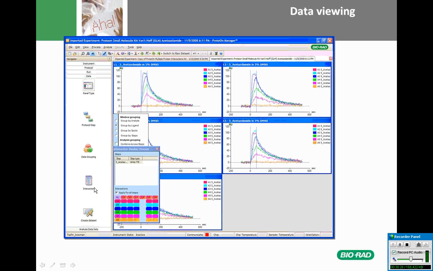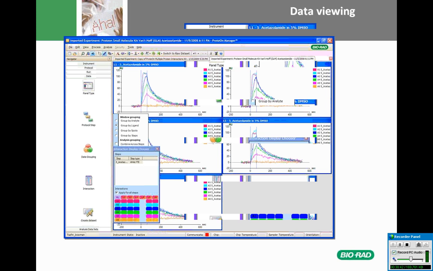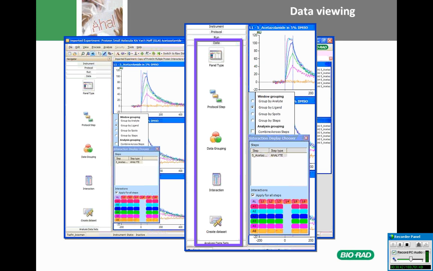On this side of the software you have all those filtering options that provide flexible and powerful data viewing that would be most convenient for your assays. So this is just zooming in on those filters.